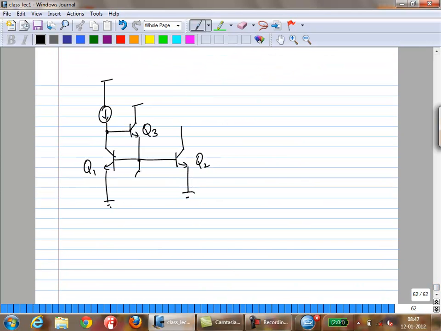To help with that, people sometimes add a bias current I1. So you set the bias of Q3 such that beta F is larger. Then you can show that the error term is proportional to 1 over beta F squared.